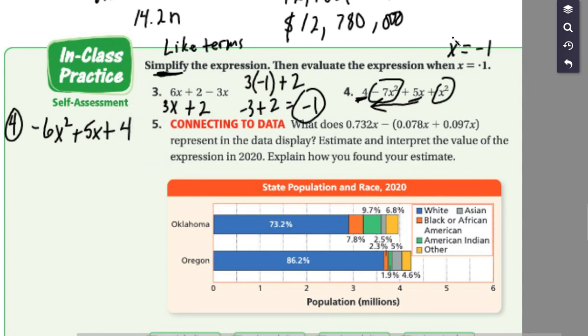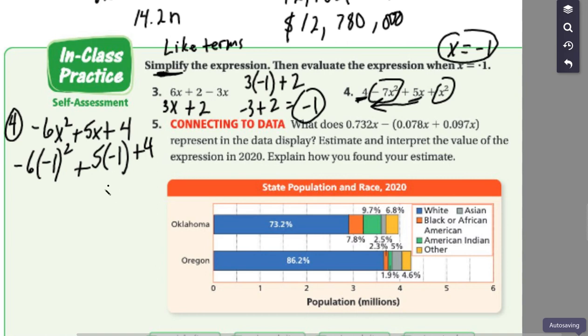So now again, we're evaluating it when x is equal to -1. So it's going to be negative 6 times -1 squared, plus 5 times -1, plus 4. So -1 times -1 is positive 1.